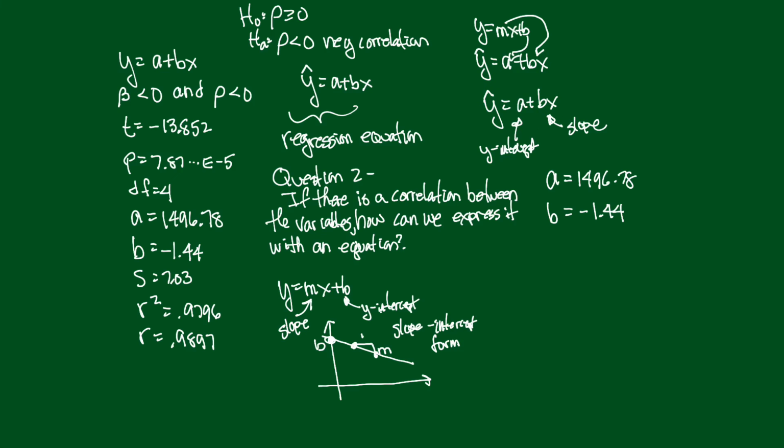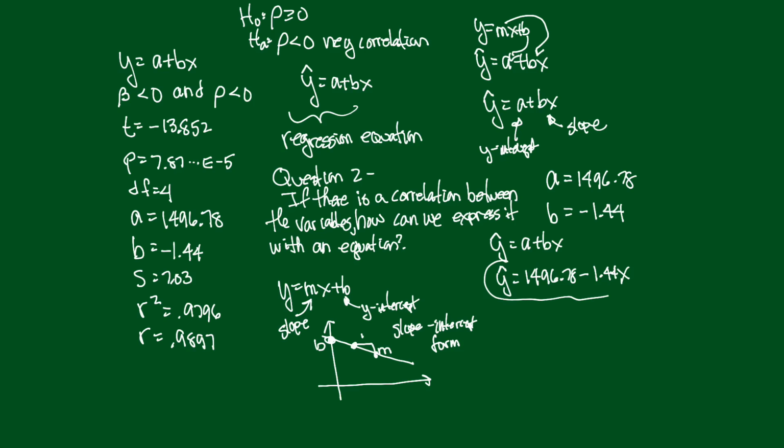Now, let's substitute into our regression equation, right here. It is y hat equals a plus bx. So y hat is equal to a, which was 1496.78, plus b, but b is negative 1.44x.